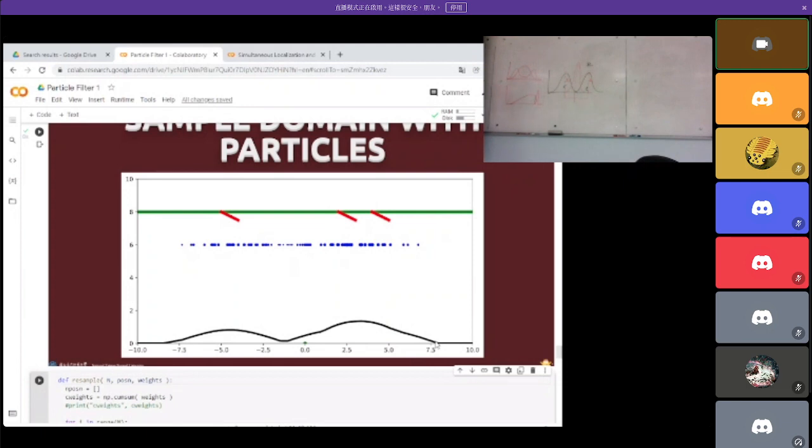That part is the first part of the particle algorithm. We start with different locations and then we spread them out, move them with the motion model, and we can calculate how well they correspond to the sensor reading.